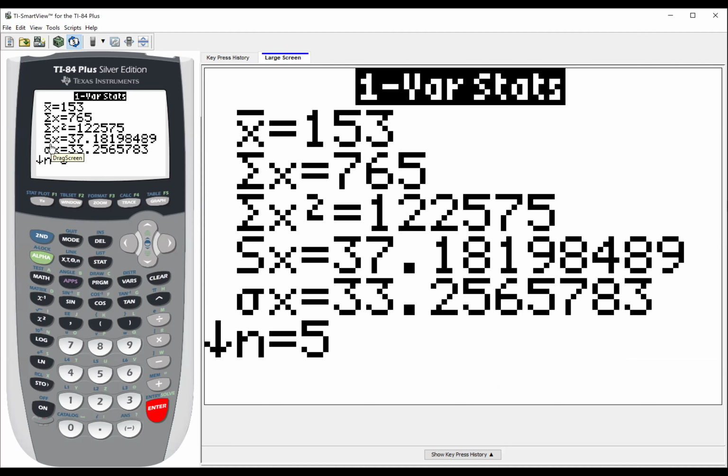So my sample standard deviation in this case, S with the little x next to it, is equal, if we go 2 places, to 37.18. So let's write that down. 37.18.